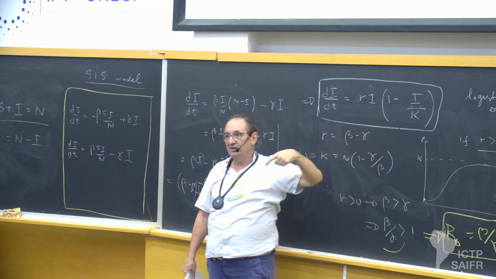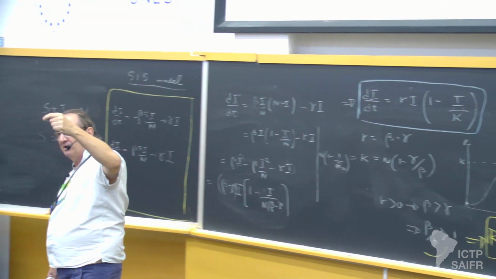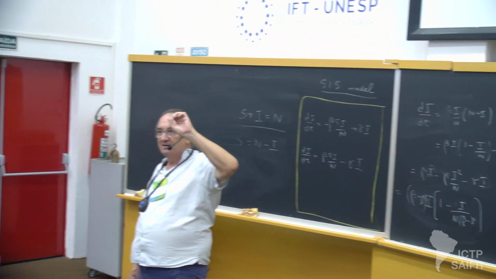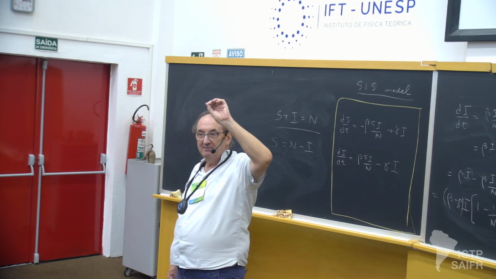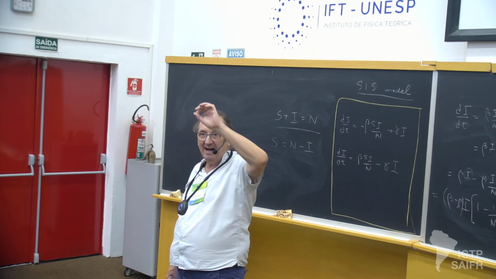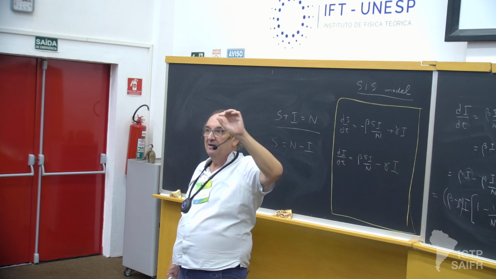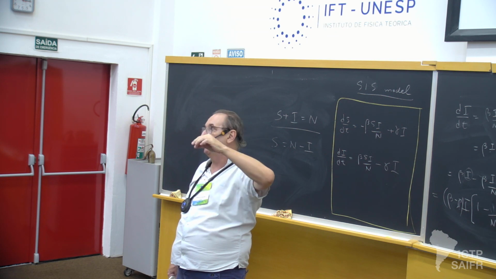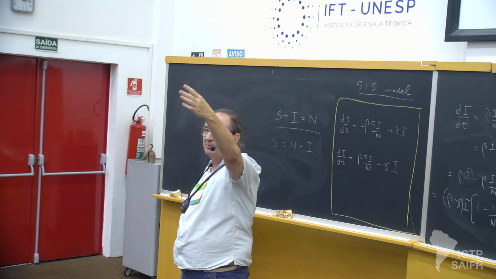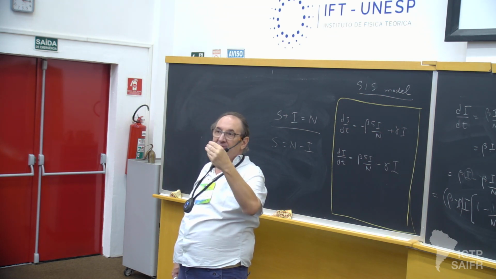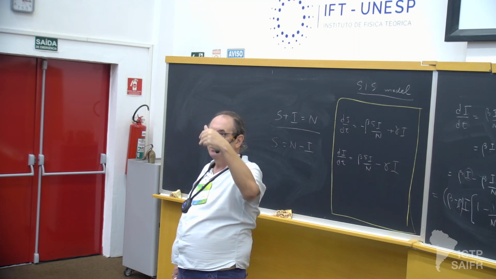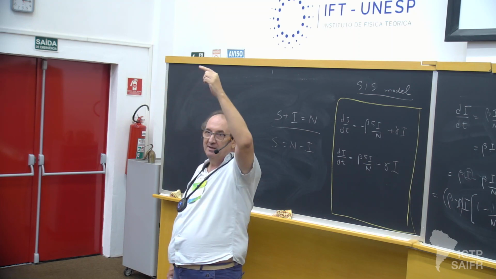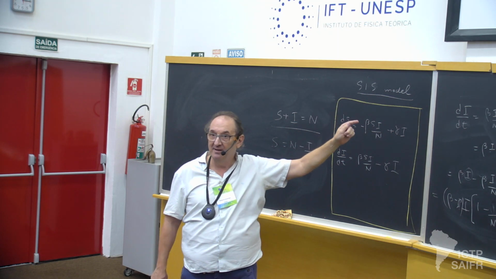And then you can show that if R0 is bigger than 1, the disease-free state I equal to 0, if it is perturbed by an introduction of a small number of infectives, it is unstable. You don't go back to I equal to 0. You will drift away from the fixed point I equal to 0, and you will end up at the fixed point I equal to k.